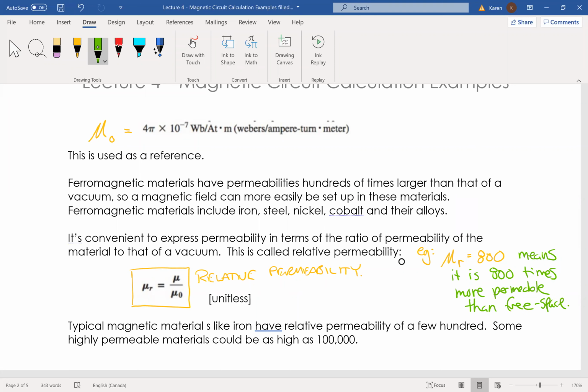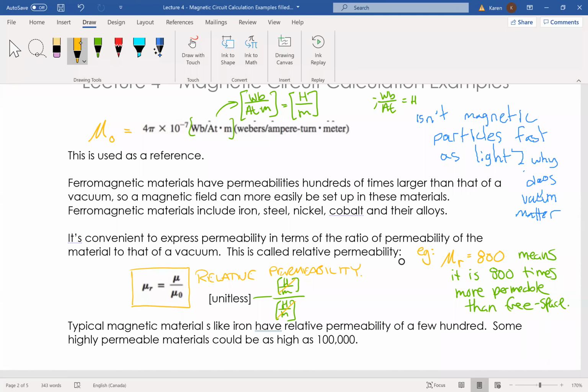Oh, so why does a vacuum matter? Vacuum matters, and I don't pretend to be a physicist, okay? I'm just applying some physics that has been worked out. Why does a vacuum matter? Because the physicists who are trying to define the forces of magnetic material and the properties of magnetic materials need a definition.